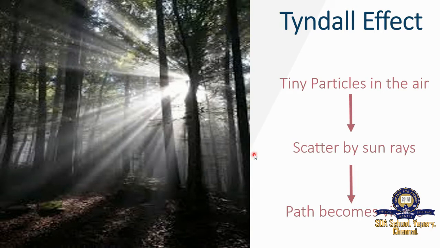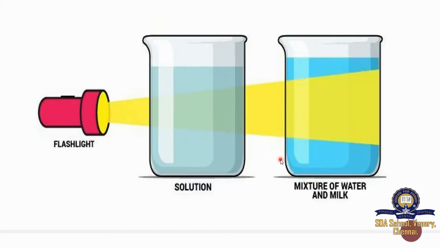So now how does this Tyndall effect help in differentiating true solution and colloidal solution? Let's take two beakers. One beaker contains true solution and another contains colloidal solution. It may be a salt solution and milk, okay? Switch on the torch and allow the light to pass through these two beakers. The path of the light rays becomes visible in the colloidal solution.